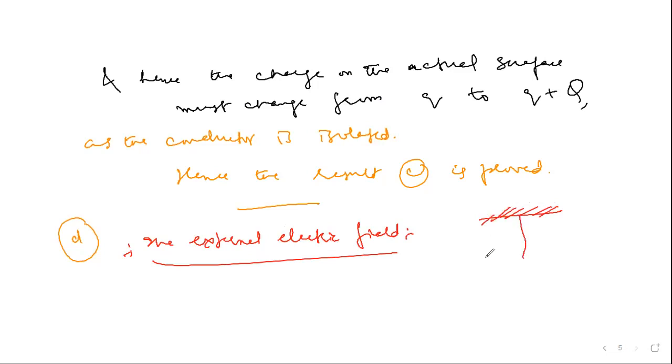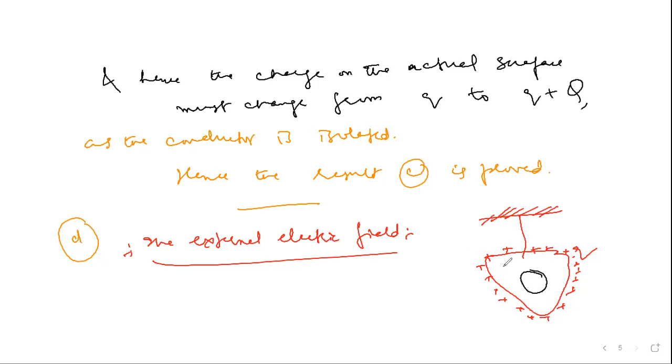If I have an isolated conductor and I place some excess charge, positive or negative, we are taking the case of positive, for example Q charge, it will lie on the outside surface. None of it will be found within the body of the conductor. Then we said, if we create a cavity, this charge is not going to be affected.